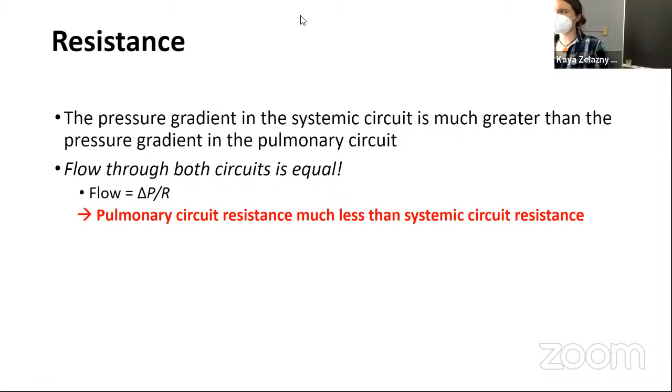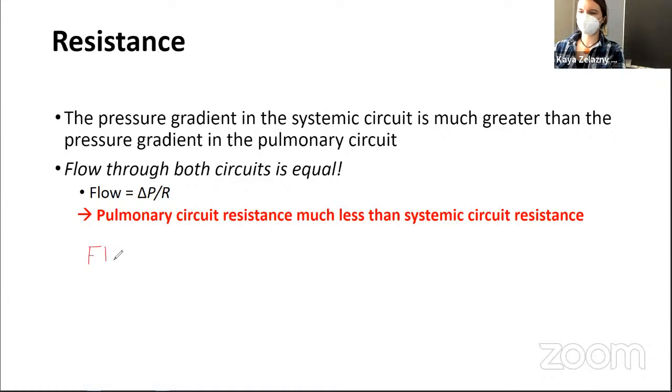But this gets us to our second thing we want to realize about the flow. While our flow is directly proportional to our pressure difference, our flow is inversely proportional to our resistance. So as you just said, that means that if the resistance goes up, what happens to the flow rate?